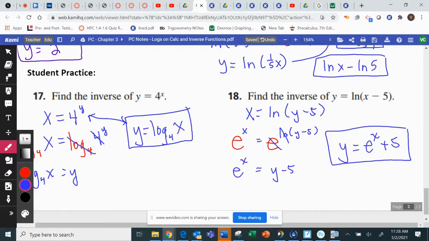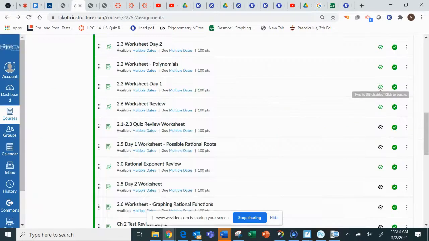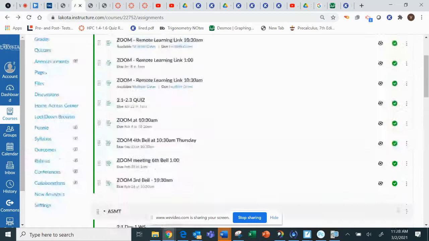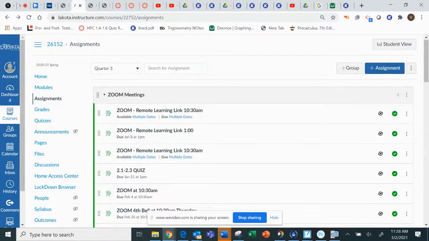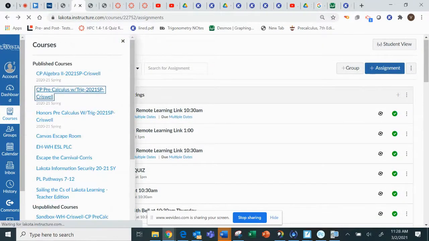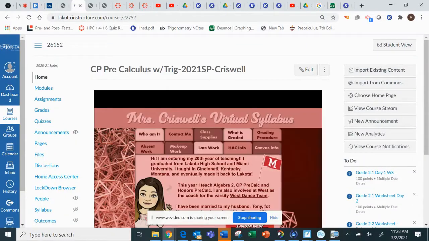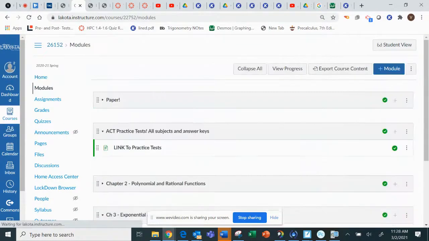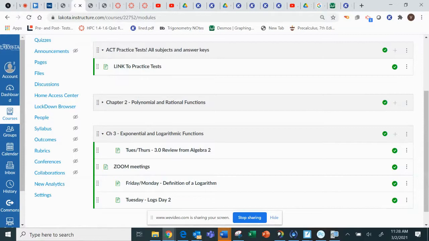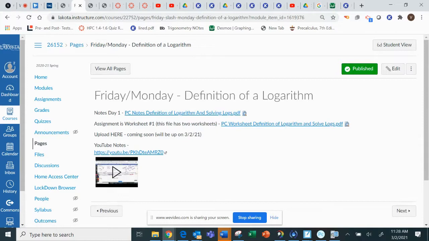All right, for your assignment, you guys have 2 worksheets, I believe. So you have the second worksheet from last week. There were just 2 worksheets on that file.